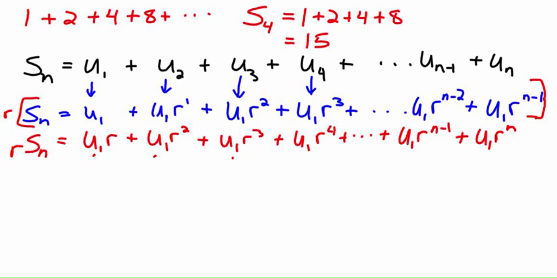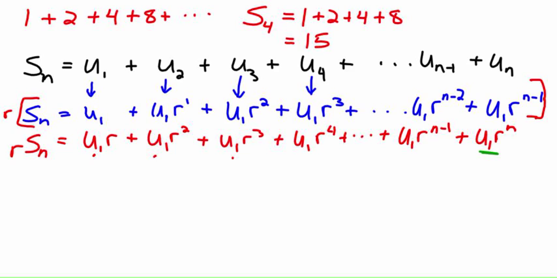Okay, so what does that do for us? Well, at that point, we can kind of summarize that if you look at our new red equation, it's identical to our other equation. The only difference is we've got one extra term. So we've got this u of 1 times r to the n, which we did not have before.